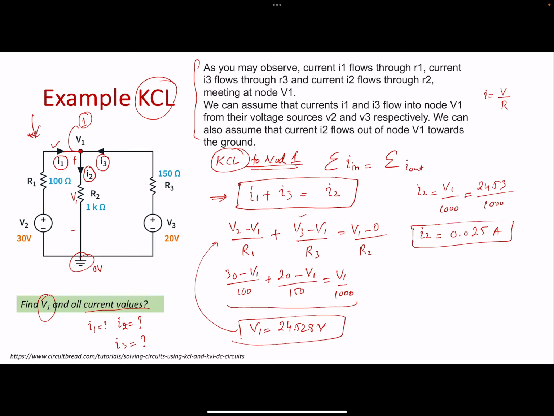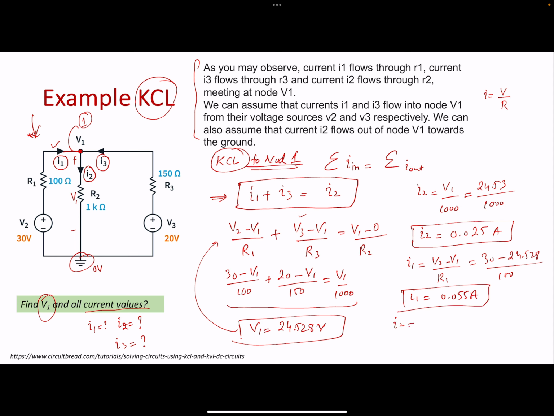Similarly, you can find the value of I1. I1 equals V2 minus V1 over R1. V2 was 30 minus 24.528, divided by R1, which is 100. I1 comes out to be 0.055 amperes. Interesting.